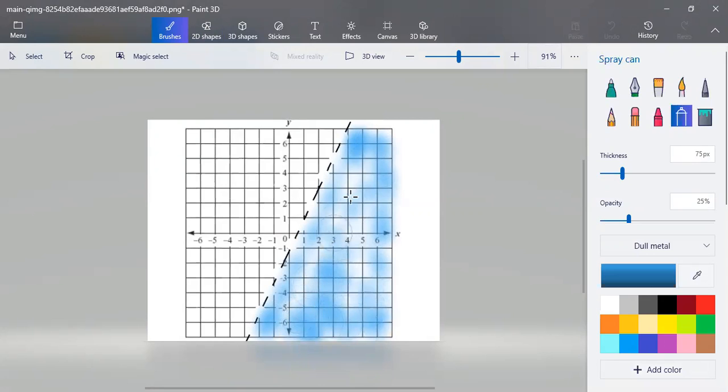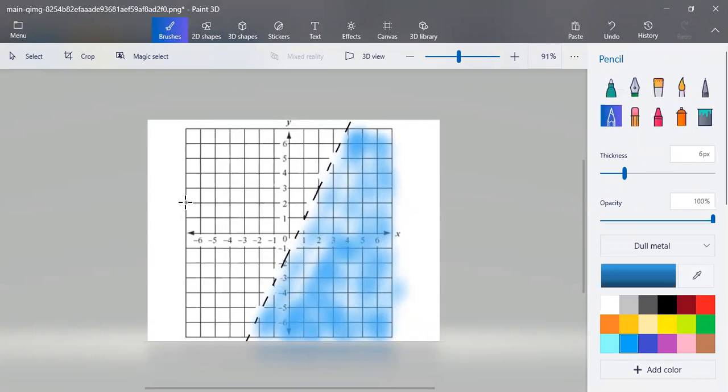Now the next inequality says y is greater than 2. For y greater than 2, it's going to be a horizontal line. Why? Because that says it is greater than 2. So here is y equal to 2, right? This is the y-axis and this is 2.